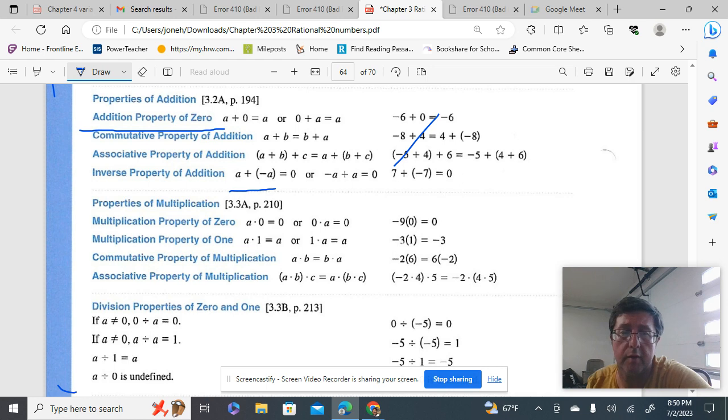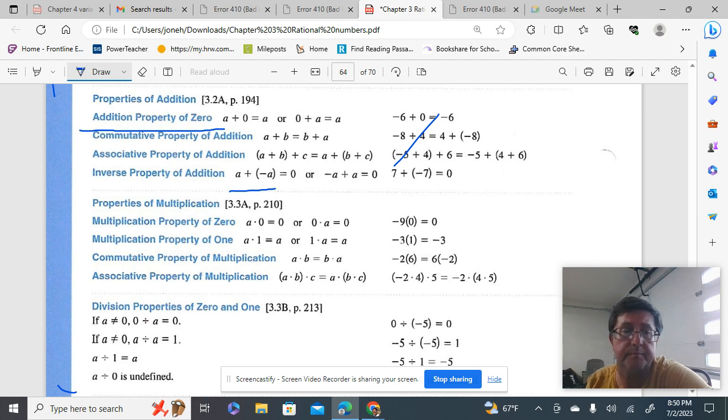Instead of going a plus b plus c, you can go a plus b plus c.